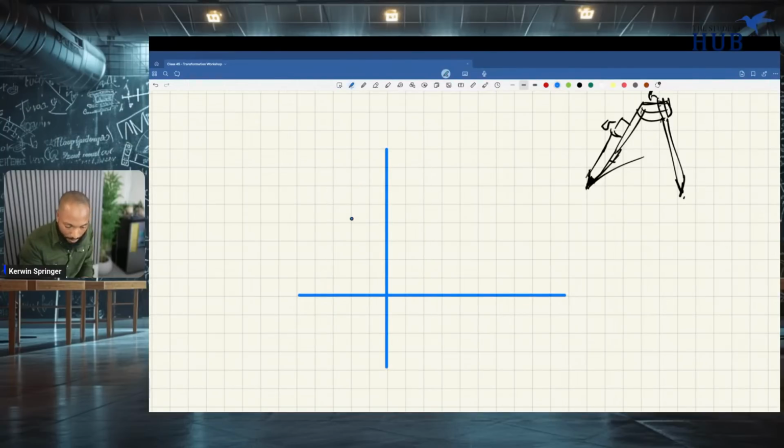So let's say I have an object here. I'm just drawing things here. I'm not really putting too much thought into this right now. Maybe this one even reflects, who knows?